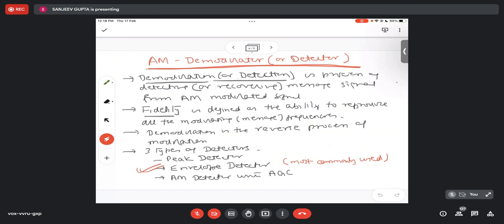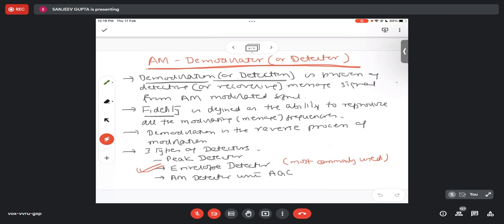Demodulation or detection is the process of detecting or recovering the same message signal from the AM signal. Here I get the AM signal, which means there is a carrier and two side frequencies. That is my original AM signal, which is a double sideband signal. Now I have to recover the original signal from there.